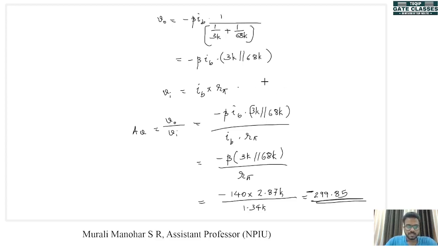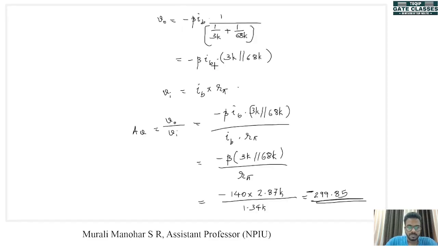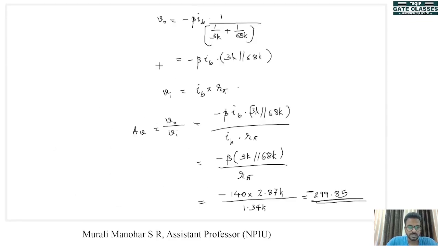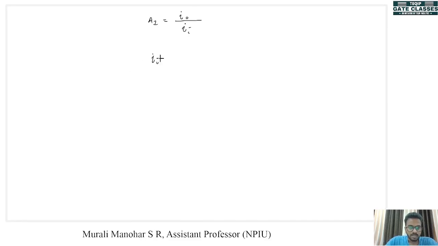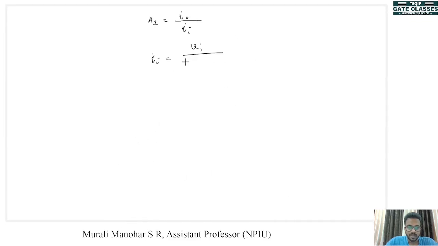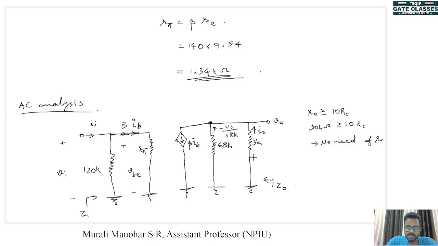Now the next parameter is current gain, AI. AI is equal to I out divided by II. Now II can be written as VI divided by the parallel combination of this resistance. So II is equal to VI divided by 120K parallel R pi. Now V out is equal to minus I out into 3K.